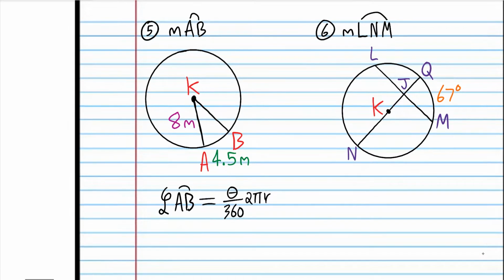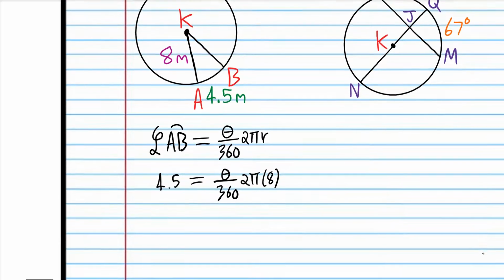And in this case, we actually know what the arc length is. It's 4.5. That's the length from here to here on the arc. The central angle we don't know. We're looking for that. And the radius, of course, is 8 meters.